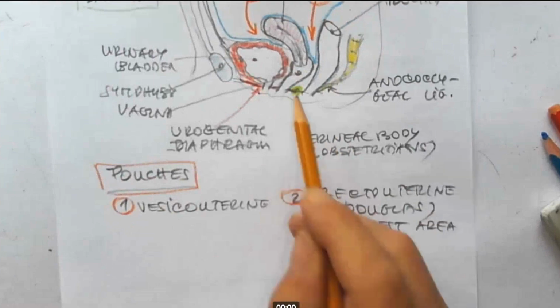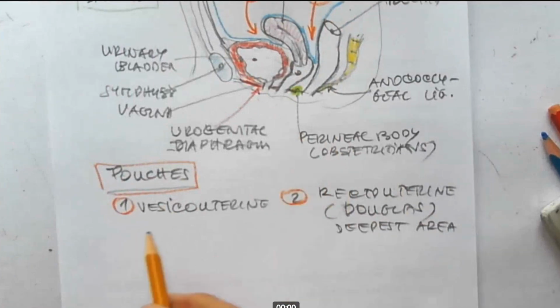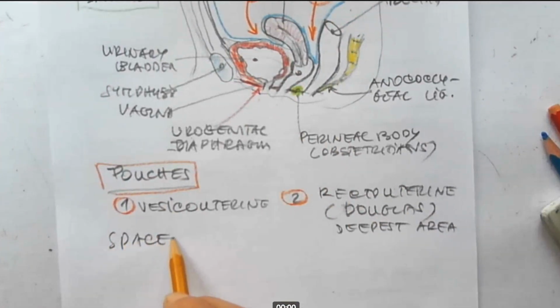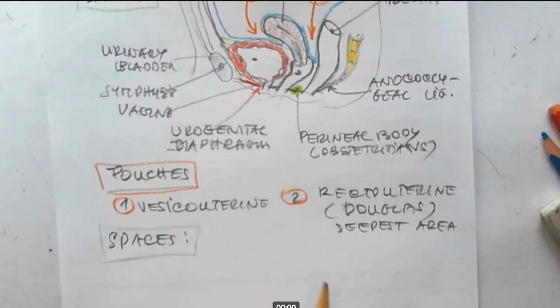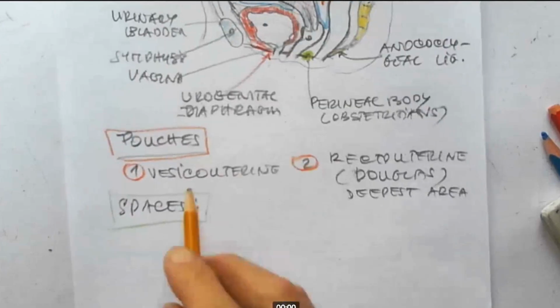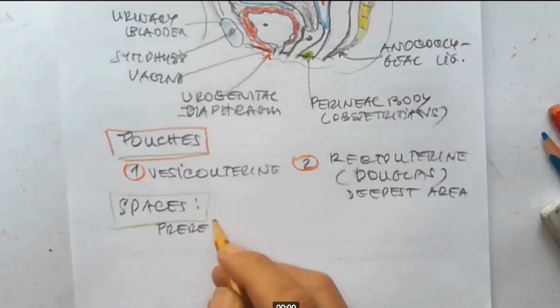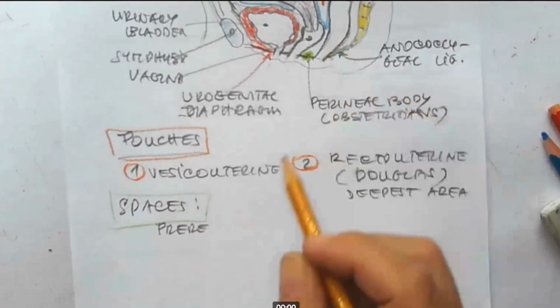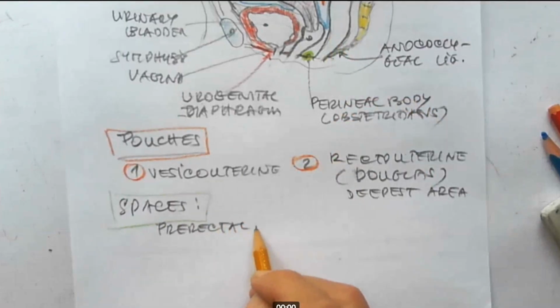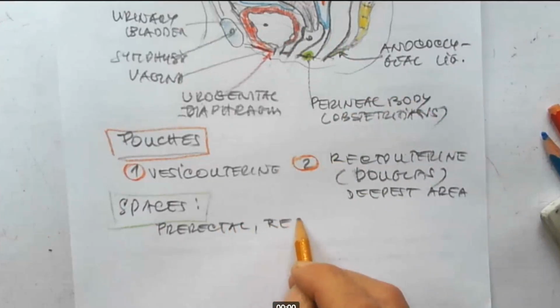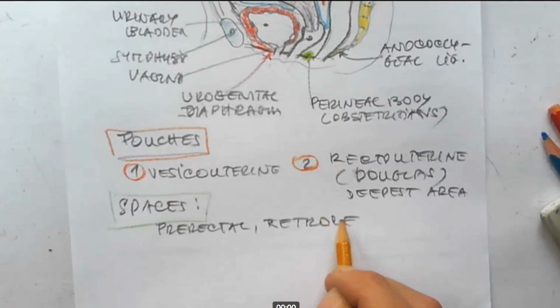So we know the ligaments, we know the perineal body, etc. Then, next point: spaces are many. Spaces around the organs, definitely. So the spaces are prerectal, in front of the rectum. Then retrorectal.